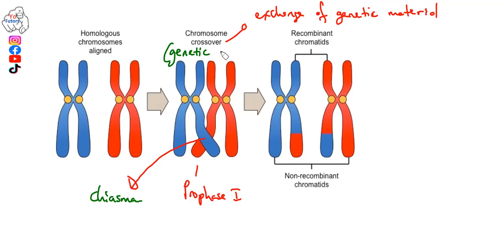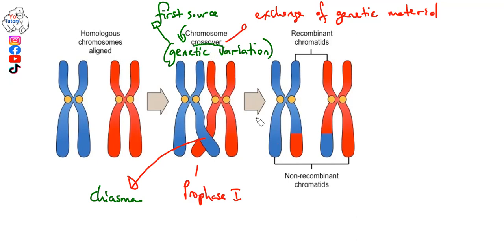This is the first source of genetic variation in meiosis, which is crossing over.